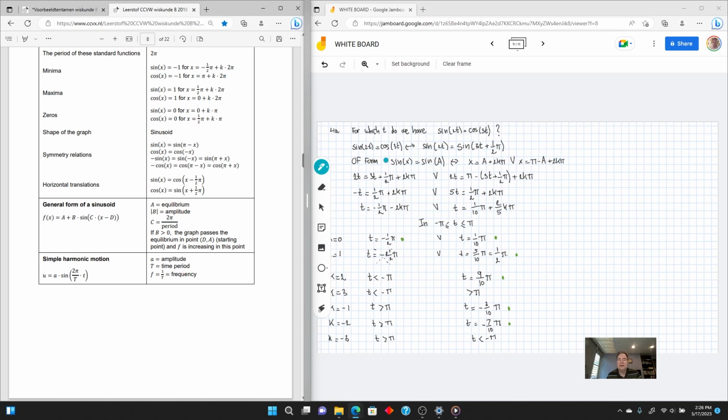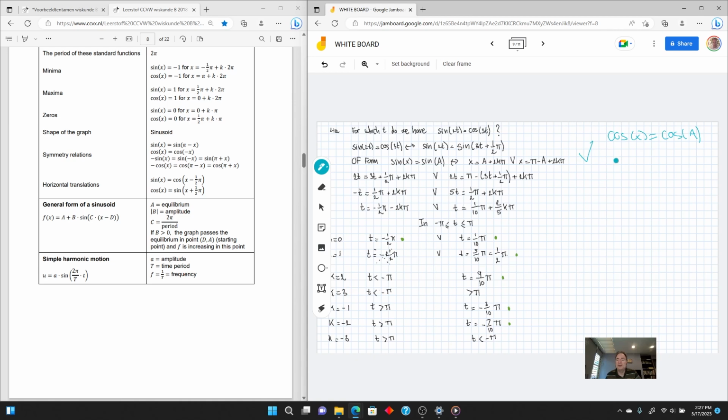And this means that, going back and rewriting it in a simpler form, sine x is sine a means that x has to be a plus 2k pi, or x is pi minus a plus 2k pi. Remember this, I've seen this quite a few times. And also remember cosine x is cosine a.